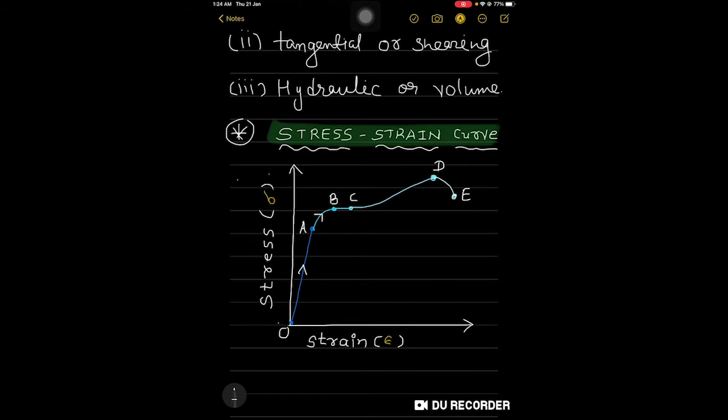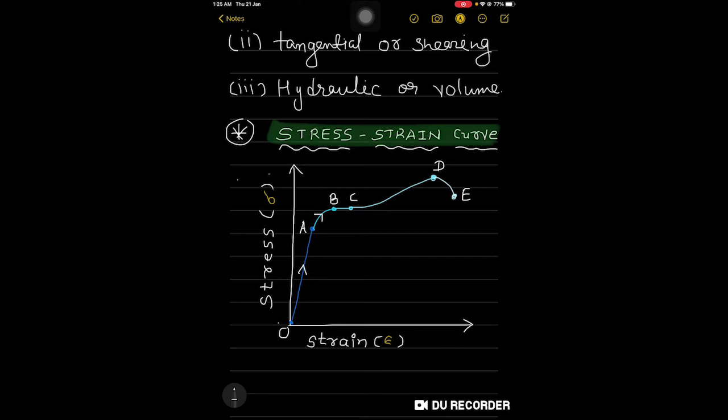That means after point B, the material will lose its nature of elasticity. Up to A it is almost 100% elastic. Up to B it is still elastic, but at point B its elastic limit completes.